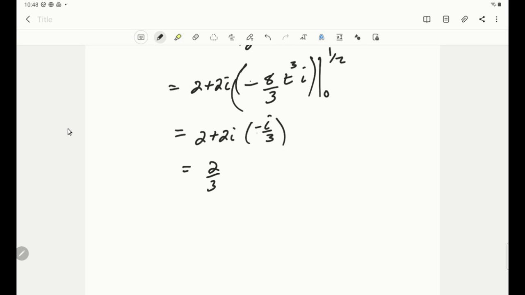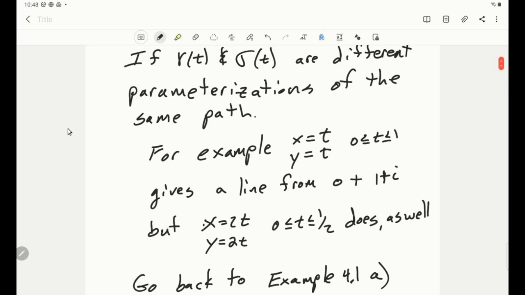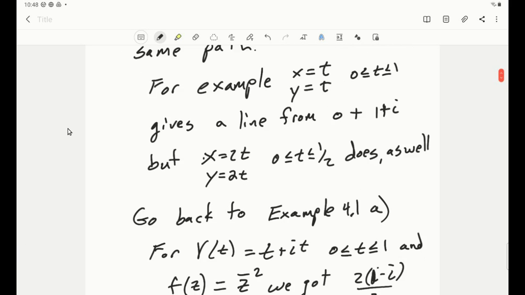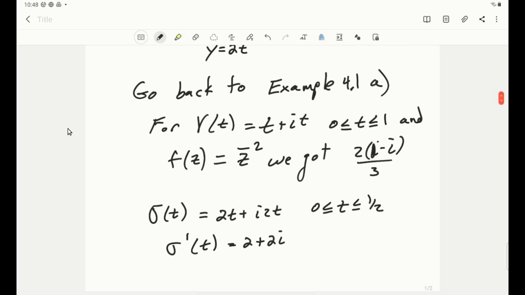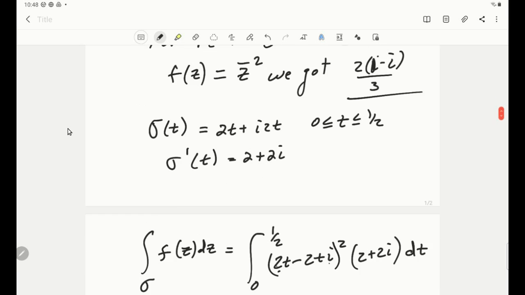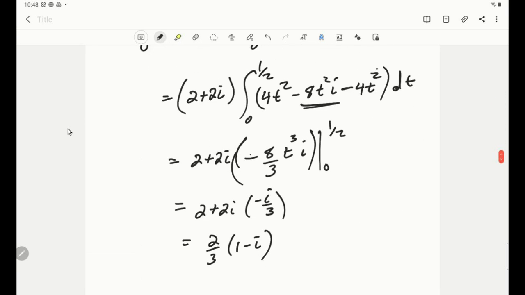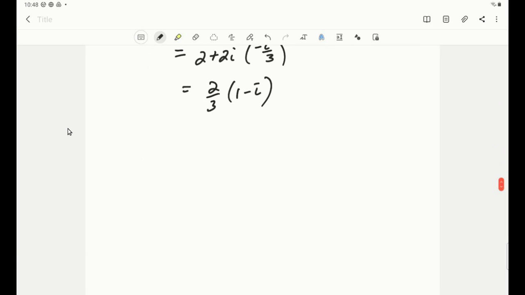And then multiplying through by the I again, I get 1 minus I, which is what we got back here. A lot easier back here than we said. Oh yeah, we got 2/3 times 1 minus I, and so that's what we have there. Whew. Sorry about that.